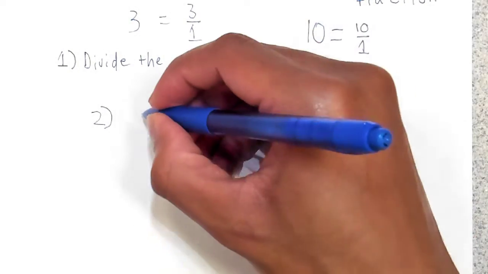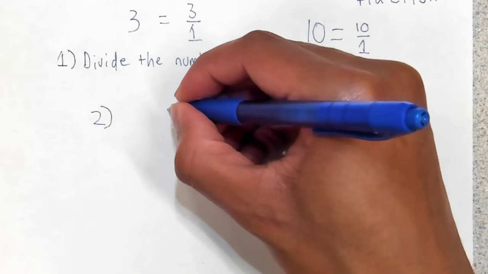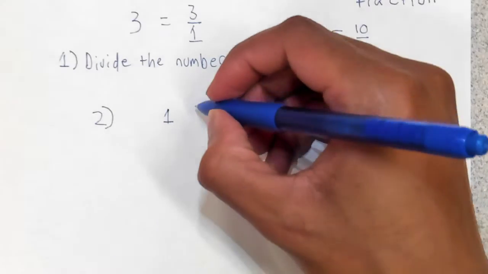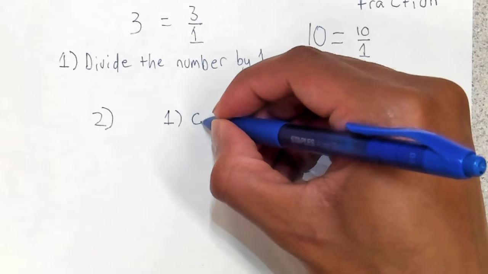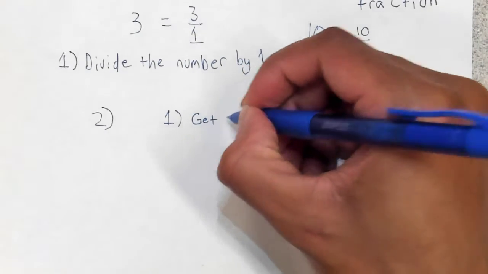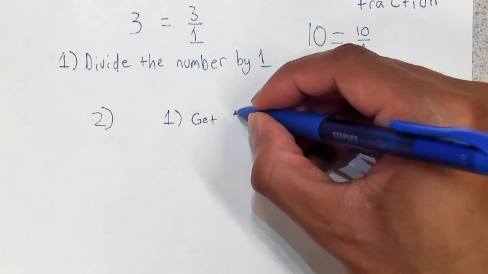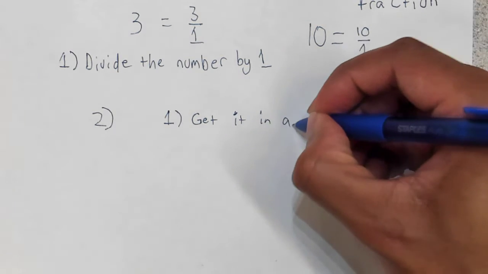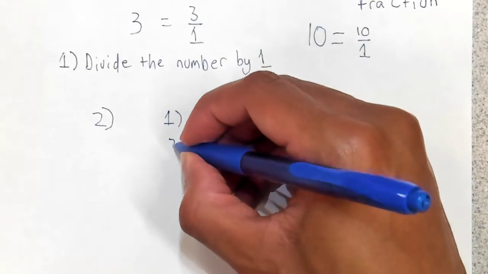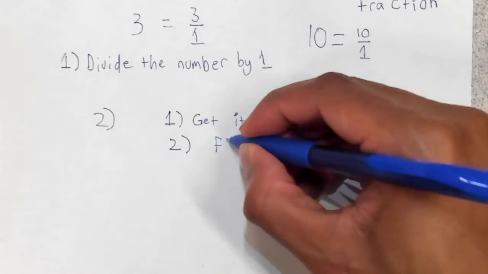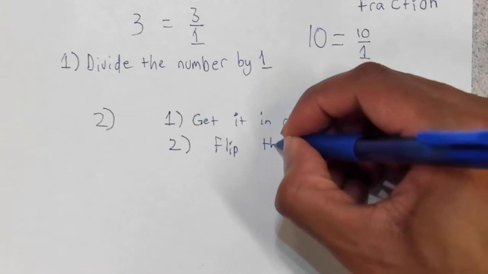Here are the steps. This is part 2. Number 1, put the number in fraction form. Number 2, flip the fraction.